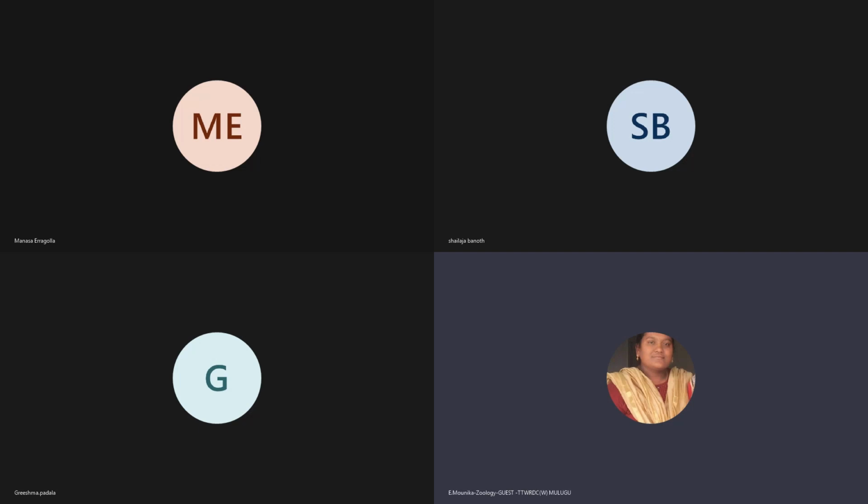For example, if we observe this diagram again, there are two types of peptide grooves. One is alpha, another one is beta. They directly attach to the cytoplasmic cells. Okay.